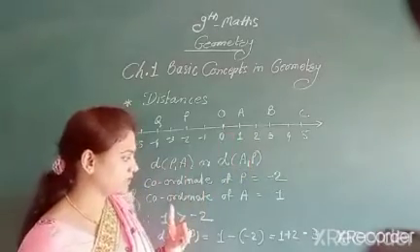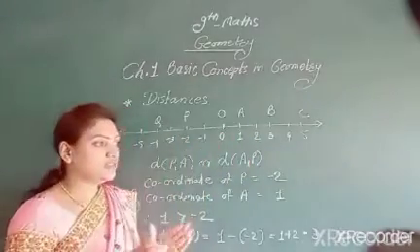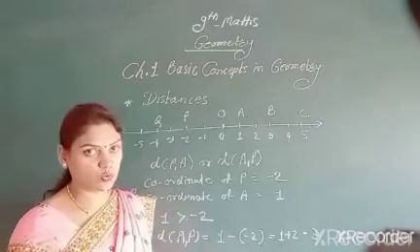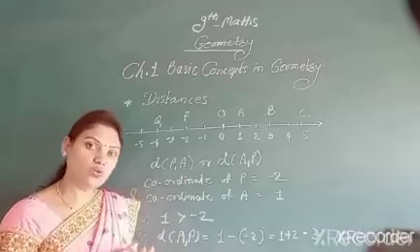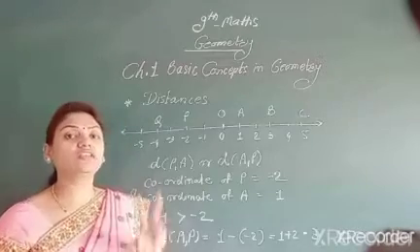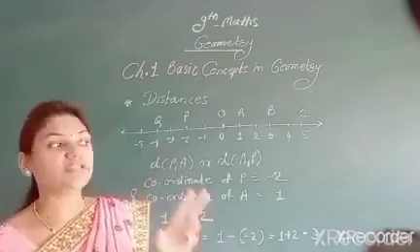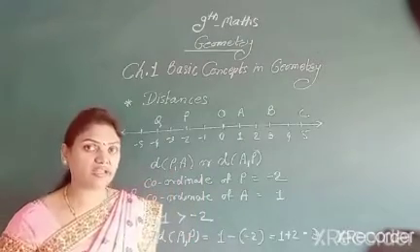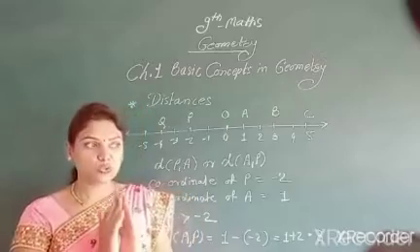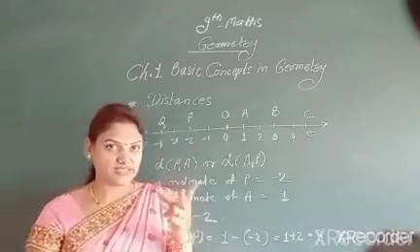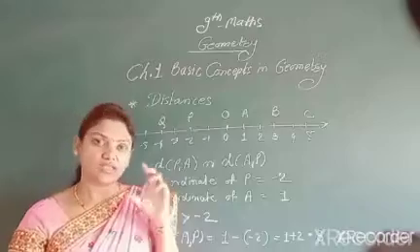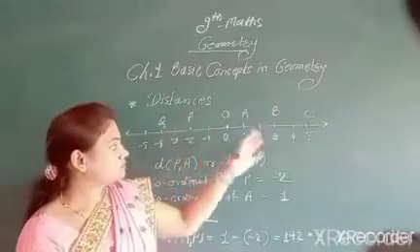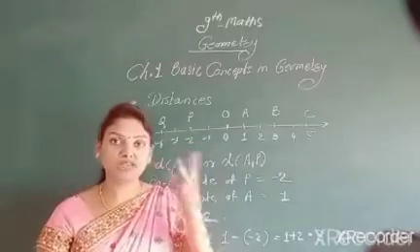And remember one thing, the distance between 2 points is never negative; it is a non-negative real number. Distance between 2 different points is a non-negative real number. And remember another one, if the 2 points are not distinct, then the distance between them is 0. Have you got it? How to find the distance between the 2 points.